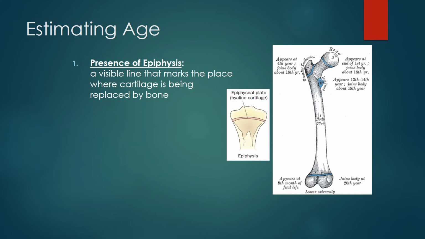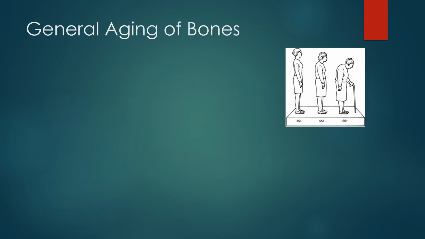And then the head will join around the 18th year, and then at the bottom, that'll join around the 20th year. So once that joins, your legs aren't going to get any longer. So we're looking for the head of the long bones fusing to the shaft.